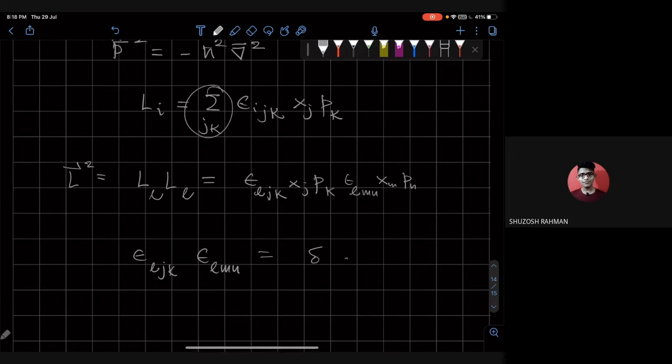So I get delta delta minus delta delta: delta_jm delta_kn minus delta_jn delta_km. You can see that this combination is antisymmetric in j and k as well as m and n, and that it is either 1, 0 or minus 1, right?